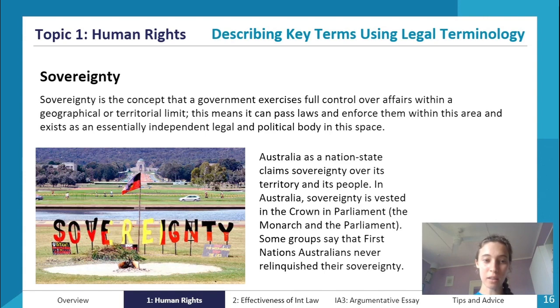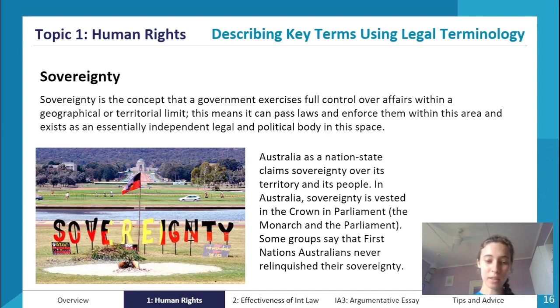So that government can pass laws and enforce them within that area, like the government does in Australia. And it exists as an independent legal and political body. So it's not going to be influenced by someone else that's in charge. We are in charge here of our own laws.